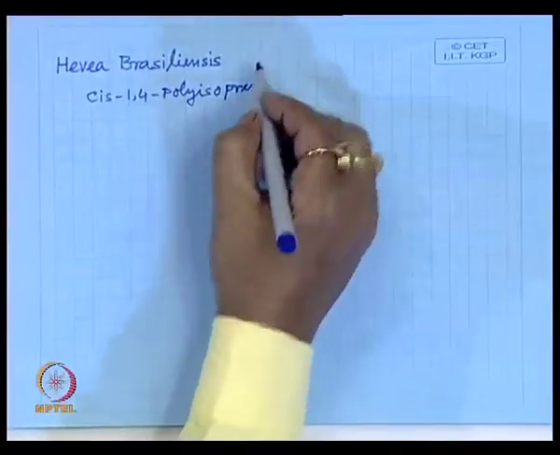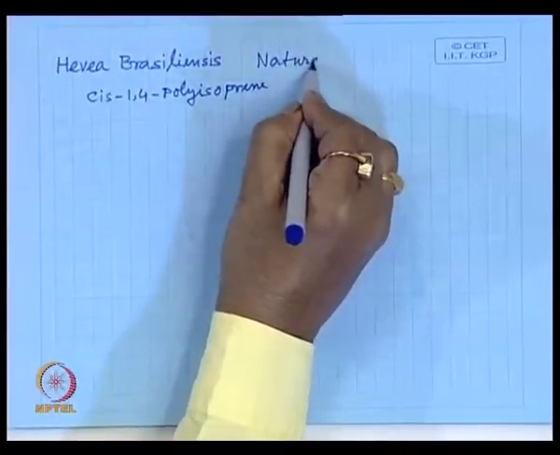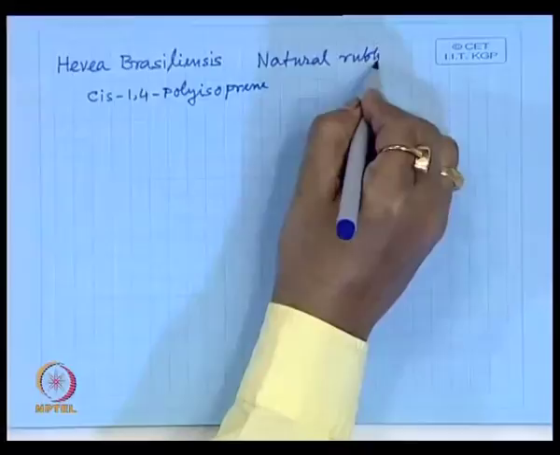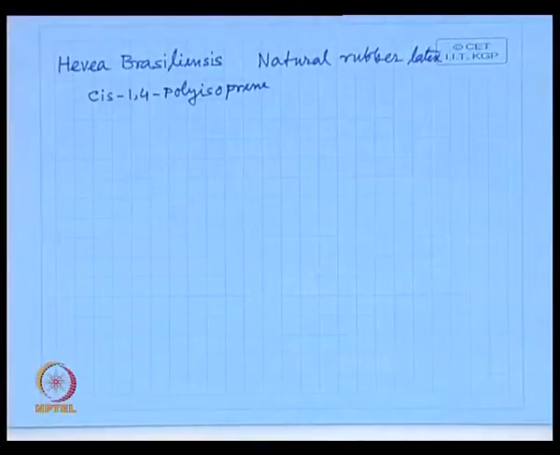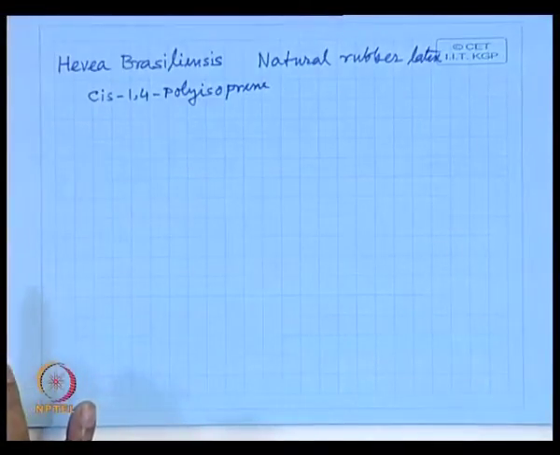The molecular weight of this polymer present in this natural rubber latex is very high, maybe 10 lakhs, 15 lakhs, like that.